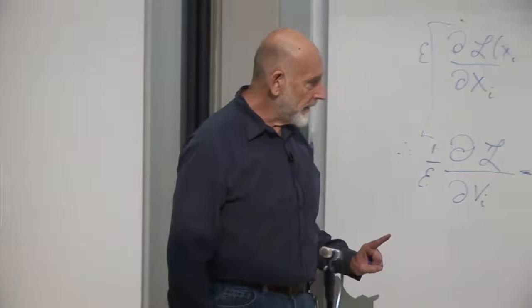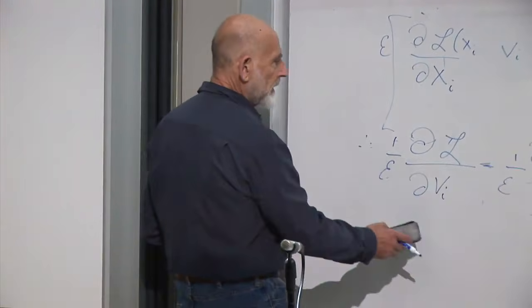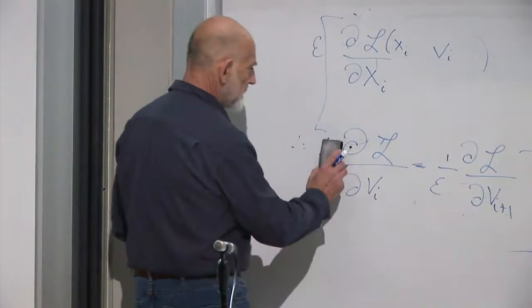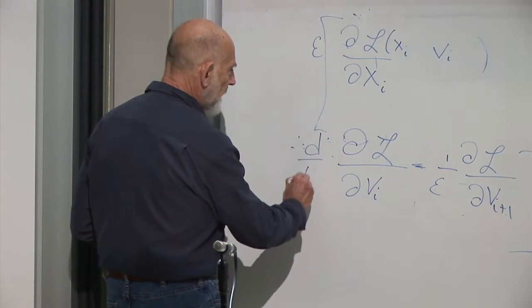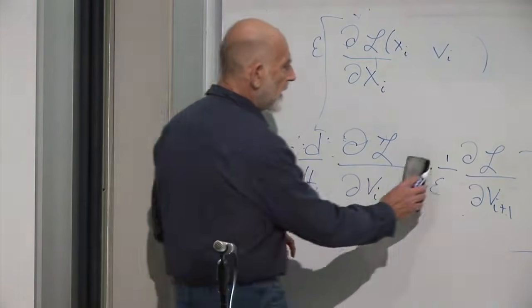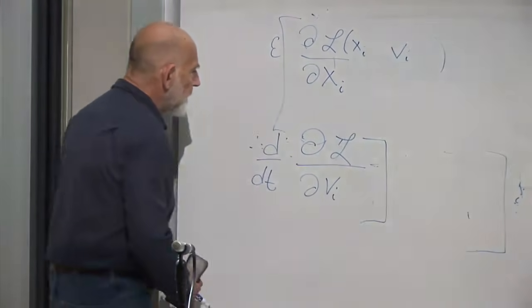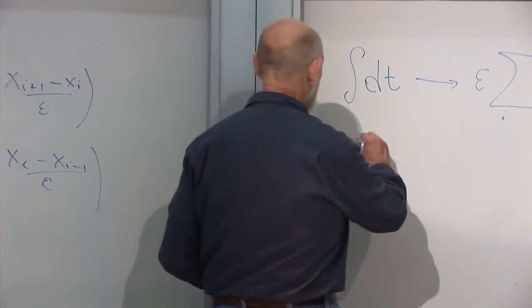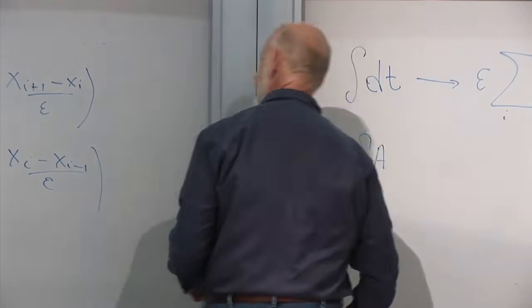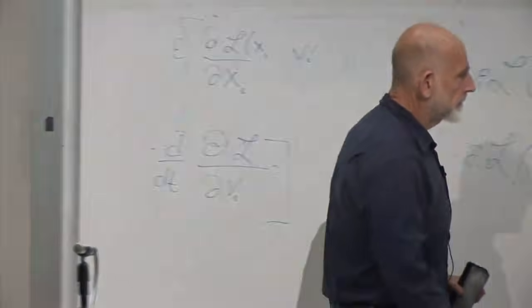Time. And so we can replace all of this by simply writing, if you keep track of the signs, minus the derivative with respect to time of the derivative of the Lagrangian with respect to the velocity. So the variation of the action, when I vary xi a little bit, has two terms.